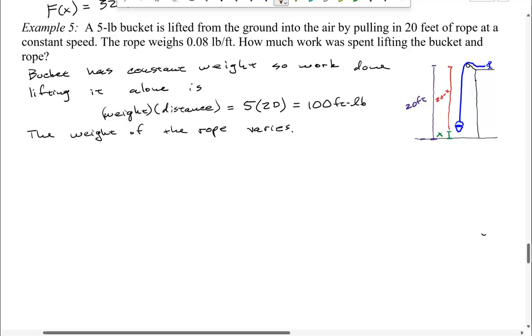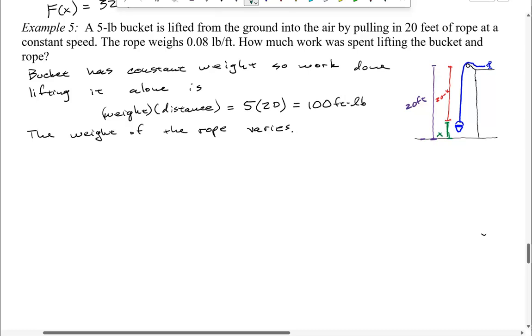And so the length of the rope is going to be 20 minus x. Now, I know I've got my little handle there and I didn't make that look quite right. Let's fix that. I should have done more, something like that. I guess I should say that x is the height of the top of the bucket, right? So there. Okay. Anyway, same idea.